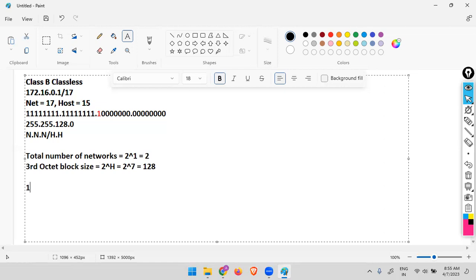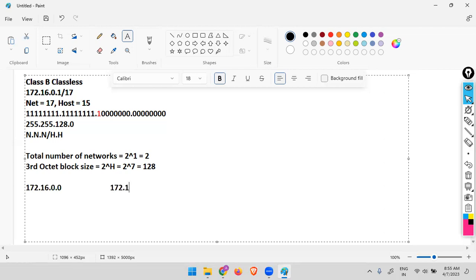Now let's calculate. The first part we keep constant: 172.16. The third octet has host and network both, so having host means start from 0, and the fourth is purely host. First network done. Now the second network. We'll add the block size in the third octet, because this is the third octet block size.